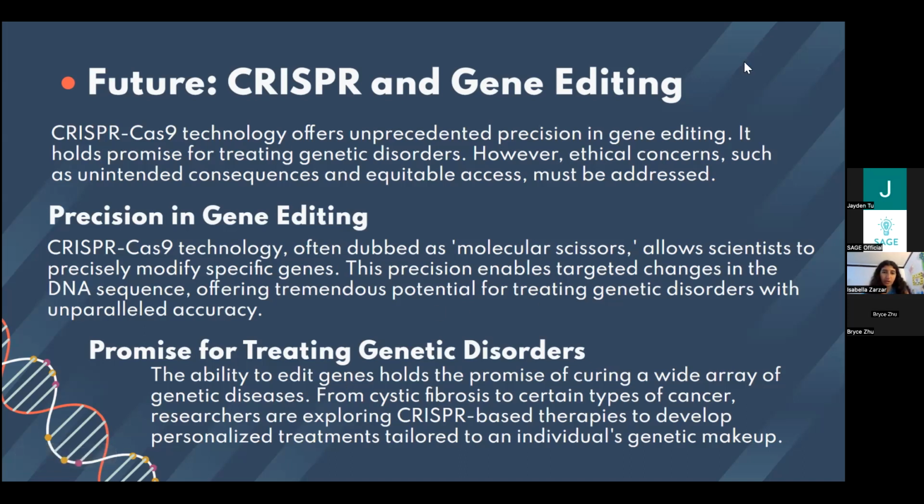In terms of treating genetic disorders, the ability to edit genes holds the promise of curing a wide array of genetic diseases, from cystic fibrosis, which we talked about, to certain types of cancer. Researchers are exploring CRISPR-based therapies to develop personalized treatments tailored to an individual's genetic makeup.